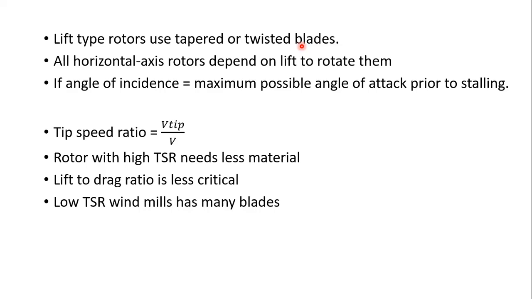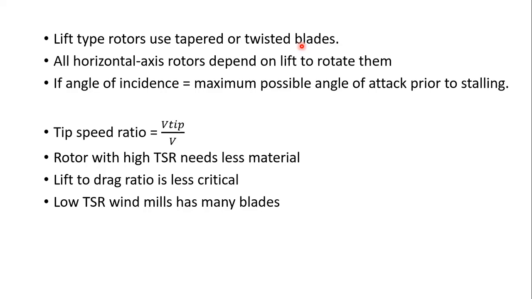If you take low TSRs, the rotor disc requires relatively solid blades or sails. If you take this type of solid blades, the trapped wind energy will not be lost through the gaps between them.